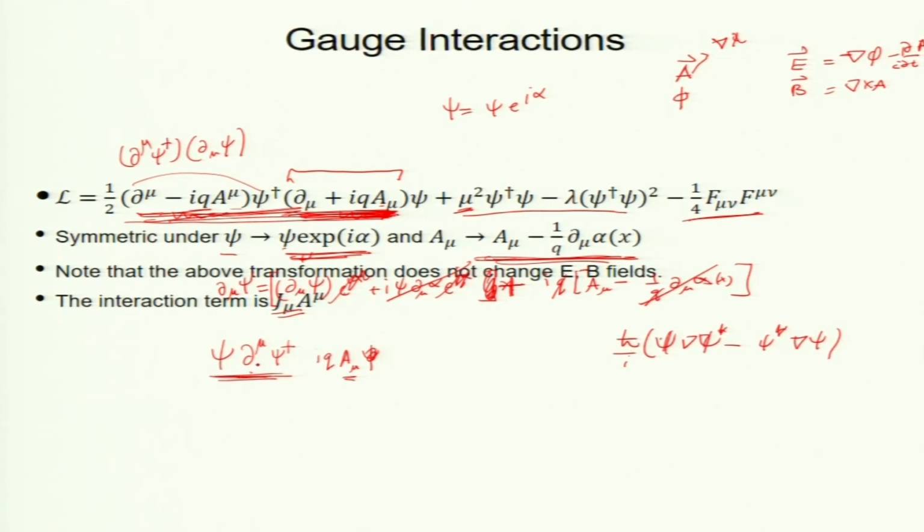So, this is part of the current function. The current is multiplied by A mu and the coupling constant is q. Is that clear? So, this is the current J mu A mu. This is the gauge interaction. Now, we are going to look at Higgs after this.